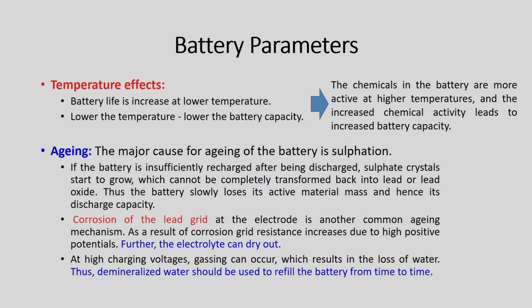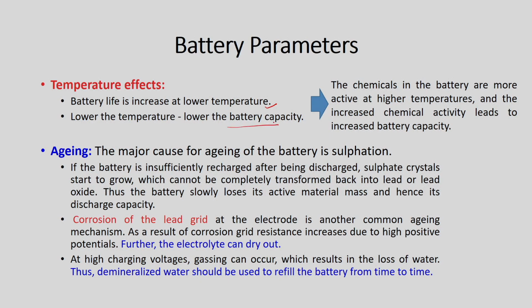And how does temperature affect the battery life? Battery life is increased at lower temperature. If you can keep it at low temperature or room temperature, then battery life is expected to be higher. But the lower the temperature, the lower the battery capacity again.